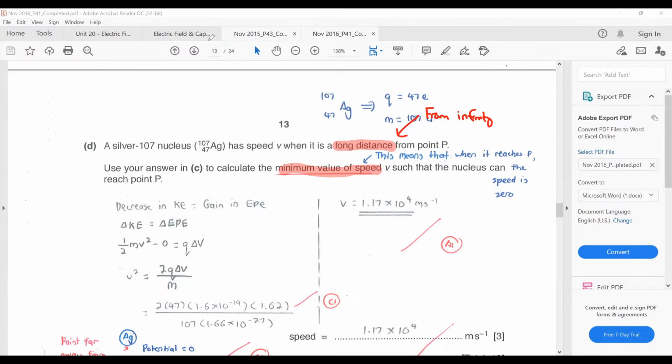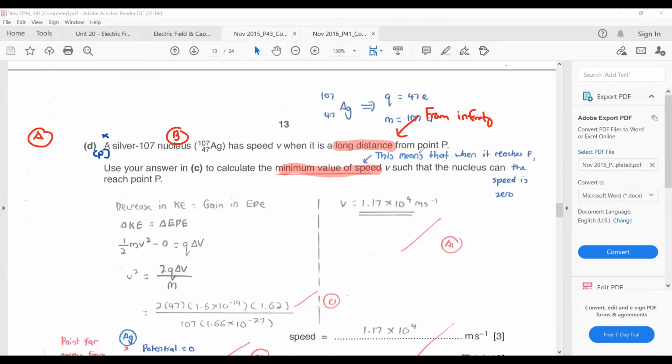So if I talk about point P, you refer back to what point P was just now. Point P was between sphere A and sphere B, right? You have sphere A here, and sphere B here, and this is that point P here.